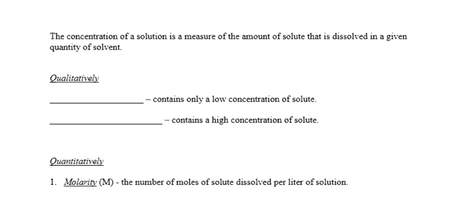The concentration of a solution is a measure of the amount of solute that is dissolved in a given quantity of solvent. If we did this qualitatively without any measurements, you probably know the word dilute, which means there's only a low concentration of solute, and concentrated, in which case there is a high concentration of solute.